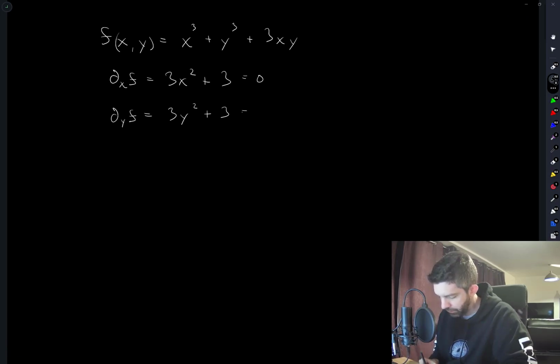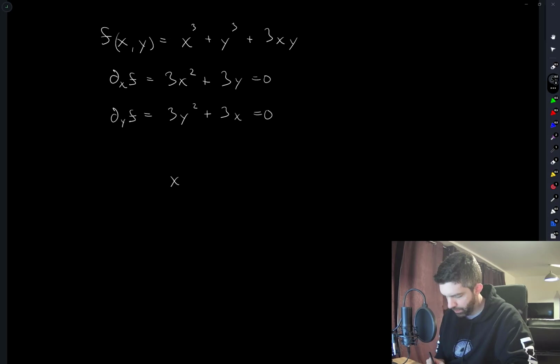So if I solve for both of these equal to 0, I made a mistake here. So I have x squared plus y is equal to 0, and y squared plus x is equal to 0.